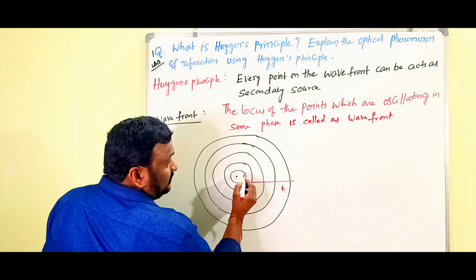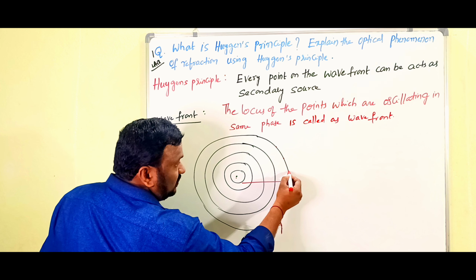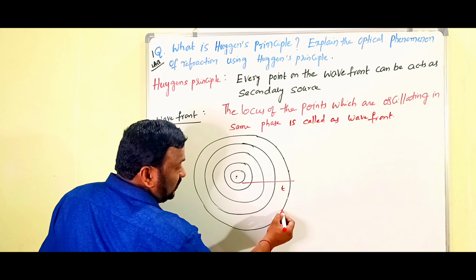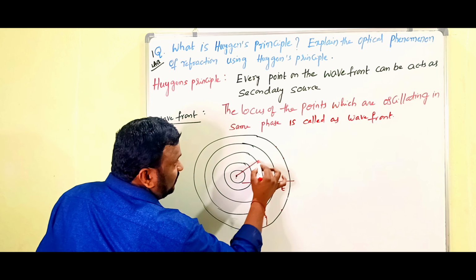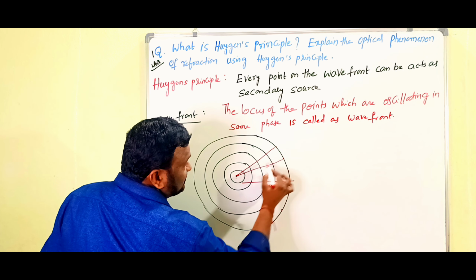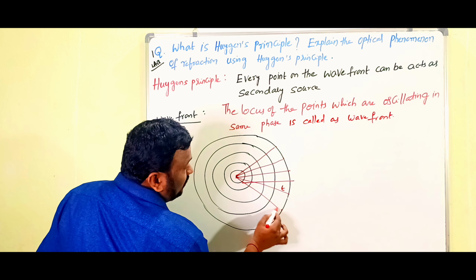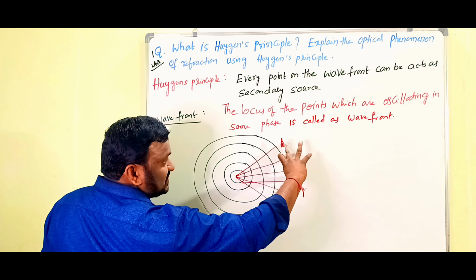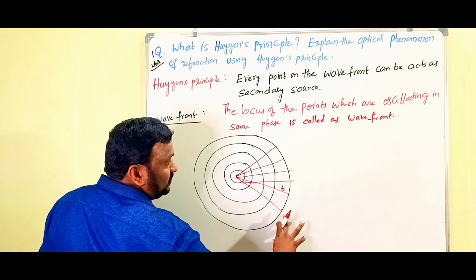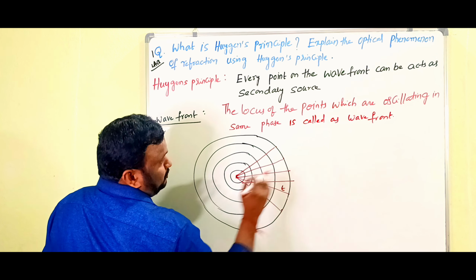After some time t, here you can observe that the particles, the liquid particles or molecules, whatever they may be, will occupy the same distance with the same velocity, and they have the same phase of vibration. That means the distance covered by the liquid molecules in the same time should be the same.